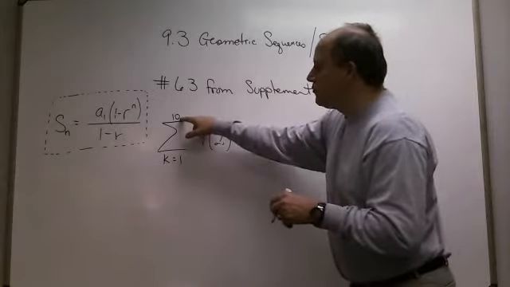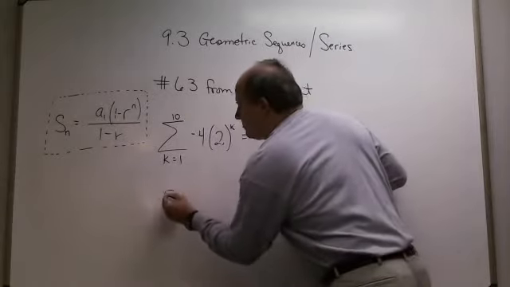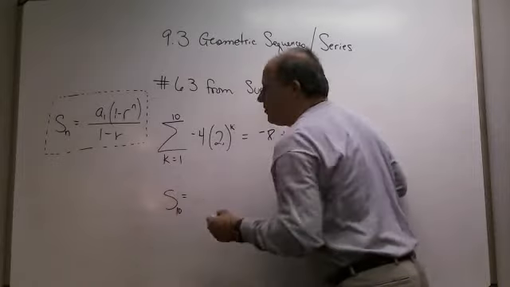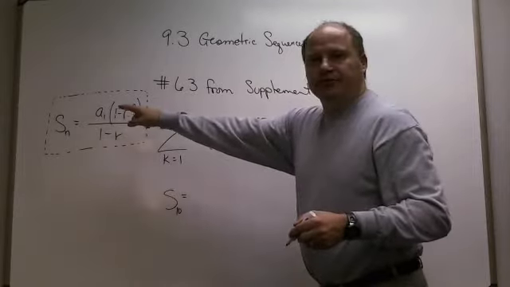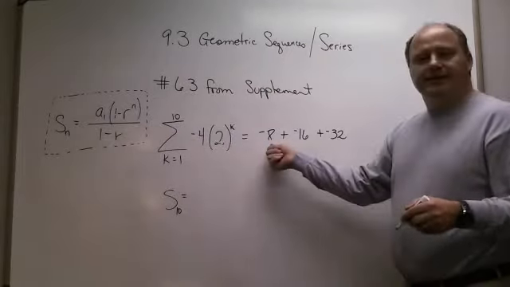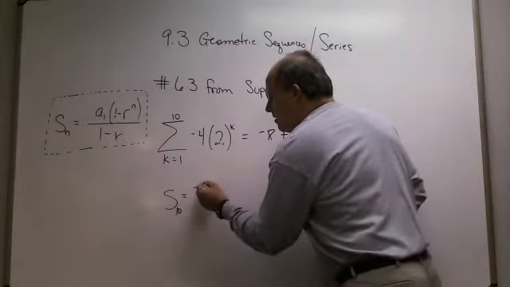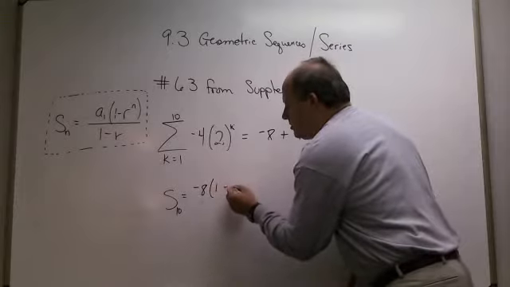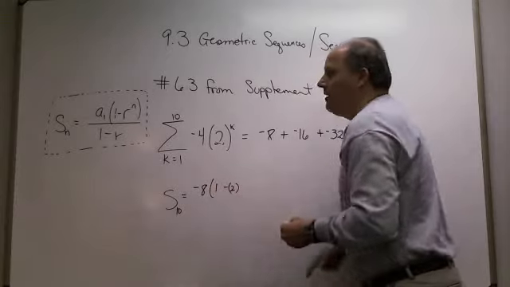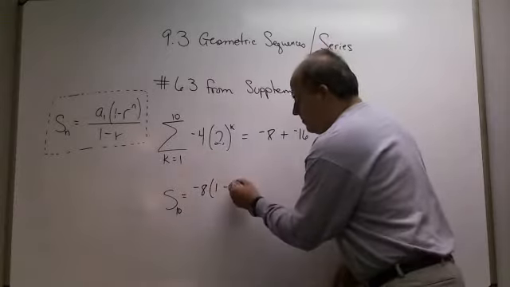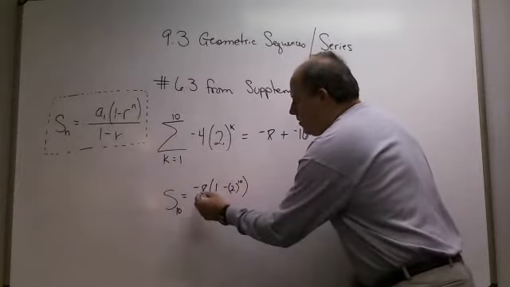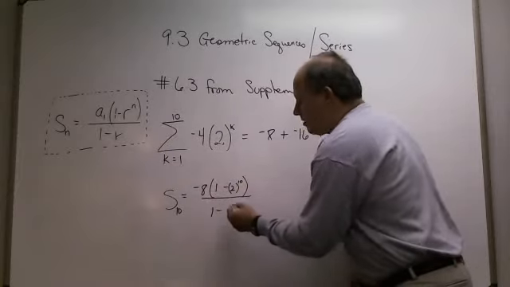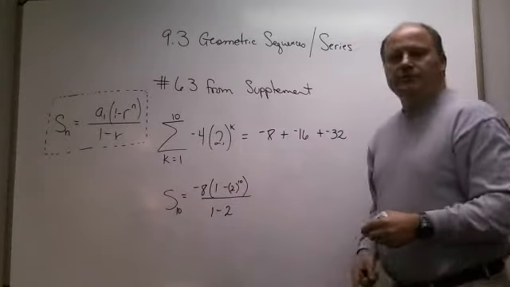So it's 10 terms, from 1 to 10. So S sub 10 equals a sub 1, which is the first term of your sequence, negative 8, times 1 minus r, and r is 2, so 2 to the 10th, all over 1 minus 2.